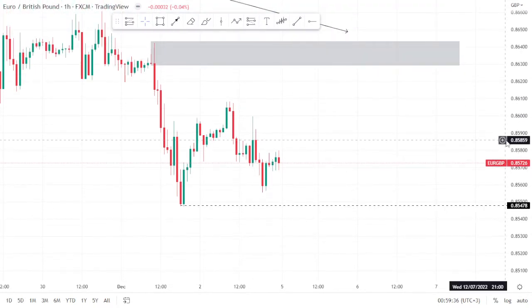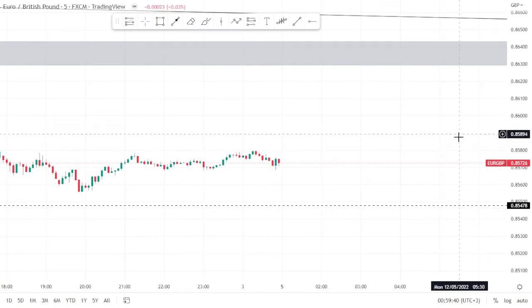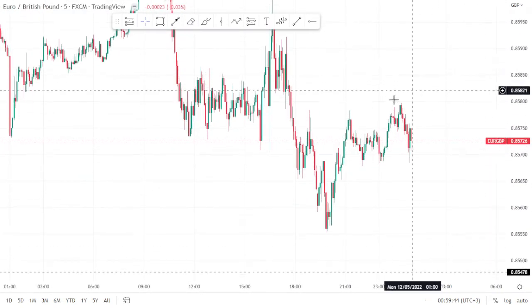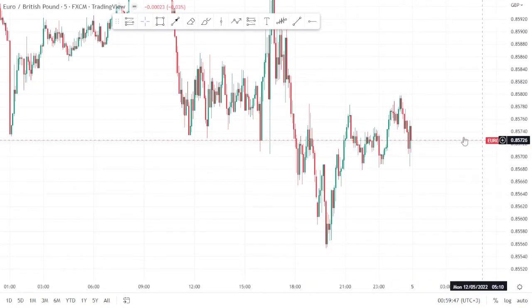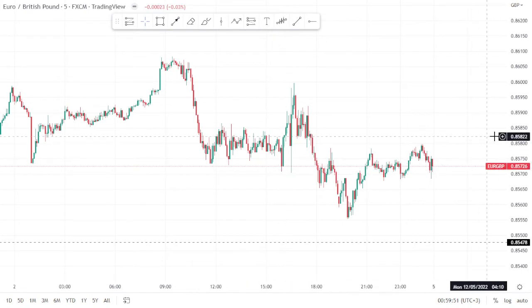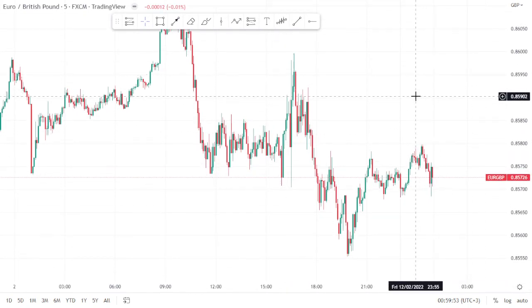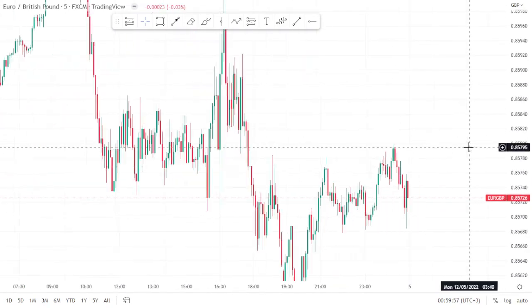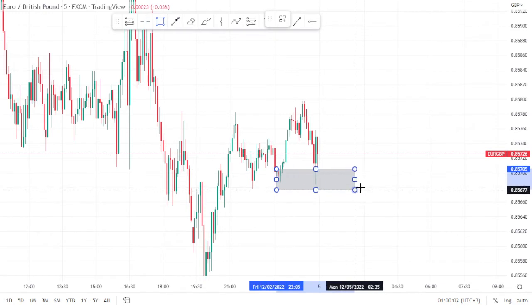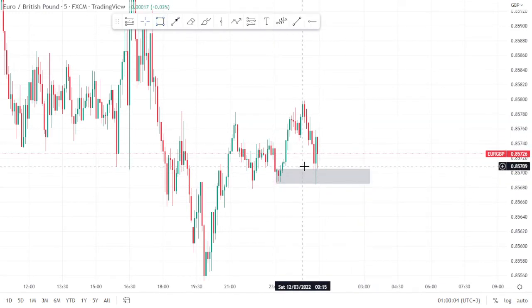So after the hourly, let's go to 5 minutes, so that we also help our scalpers. On 5 minutes now, what are we seeing? I can see a lot of things here, but the first thing is that we have a demand which is being respected here.